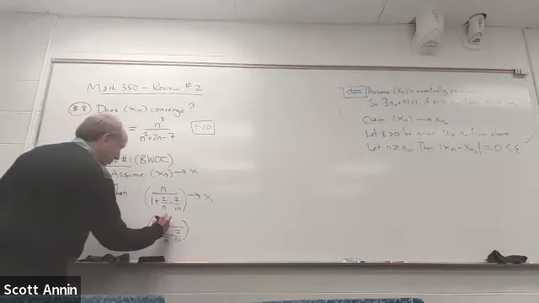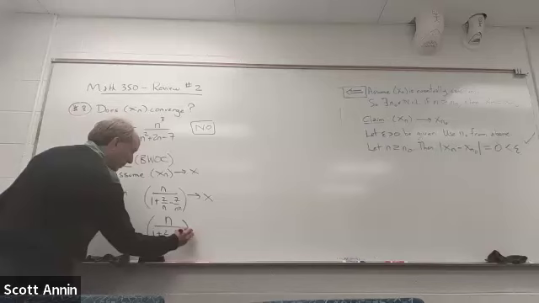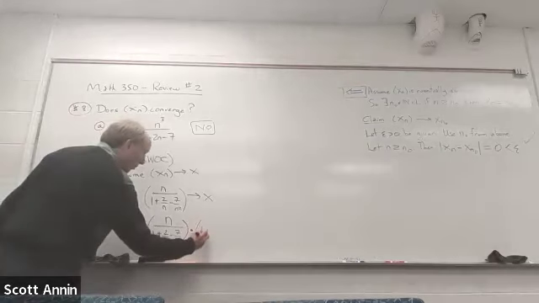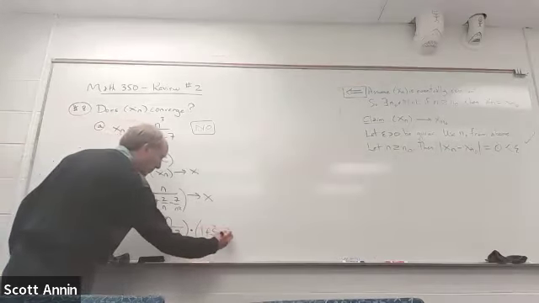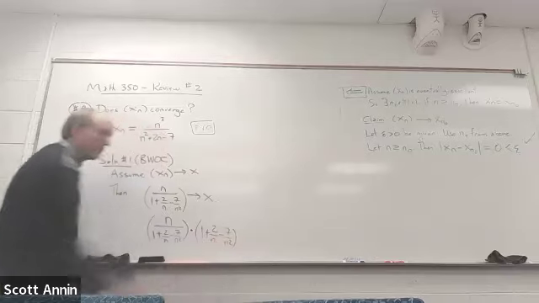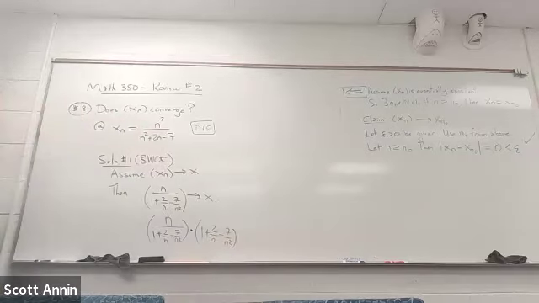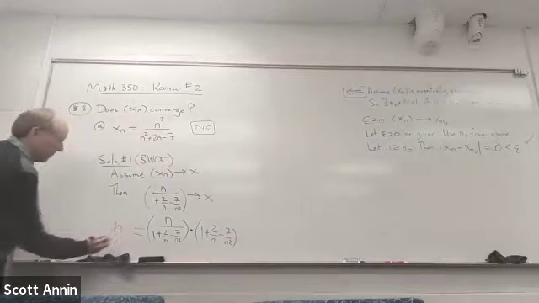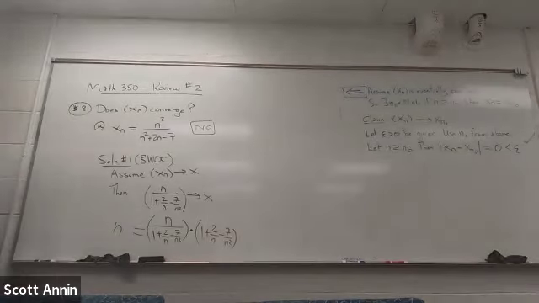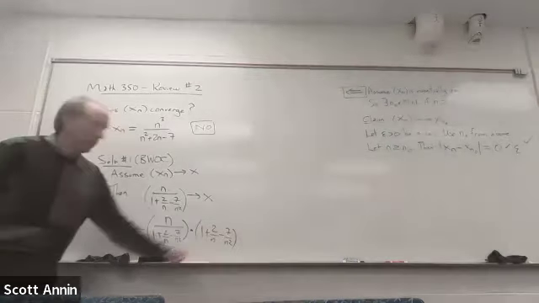I'm going to do it this way. I'm going to go ahead and put the n back there again. I'm going to multiply this by 1 plus 2 over n minus 7 over n squared. Now, that's equal to n. The denominator is just canceling that.